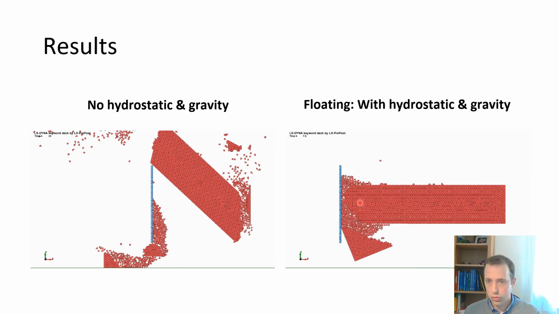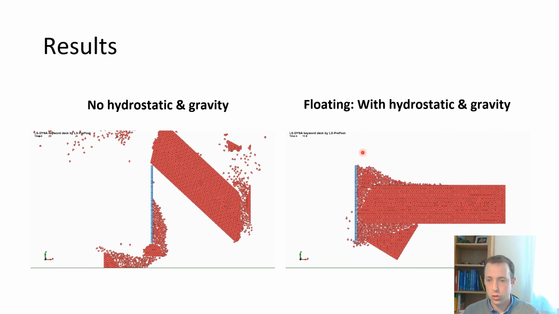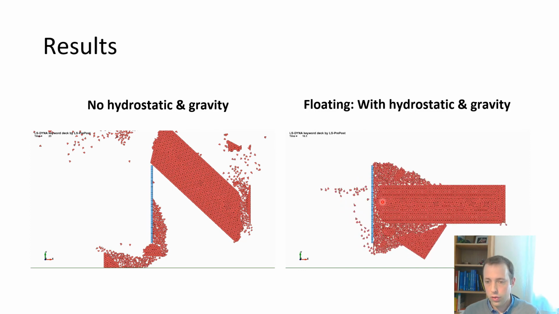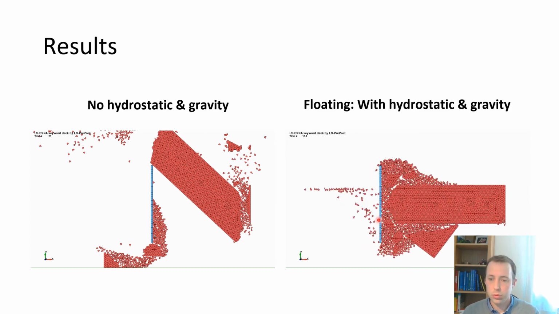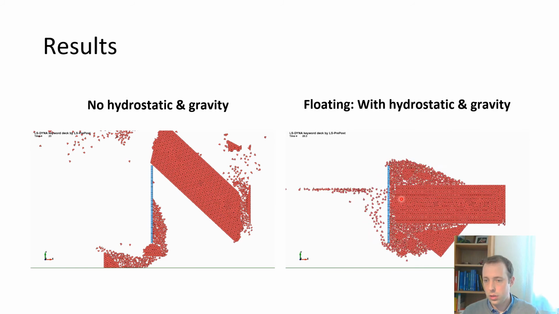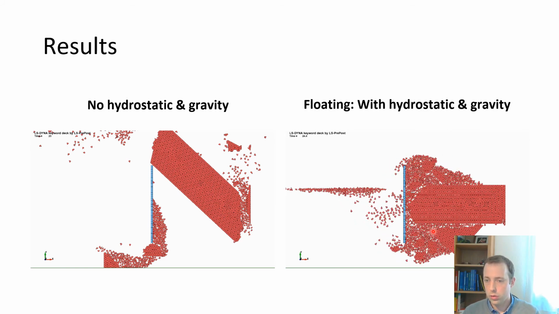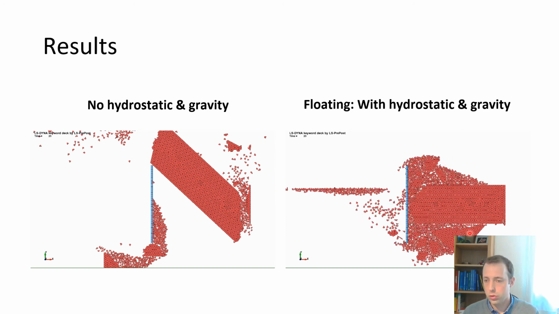It's different for the floating scenario here. For the submerged and also for the non-submerged parts, the elements stay in the interface or are pushed back, and you see this nice rubble generation on top and also in the submerged part.